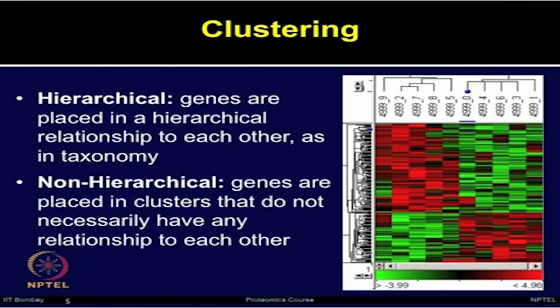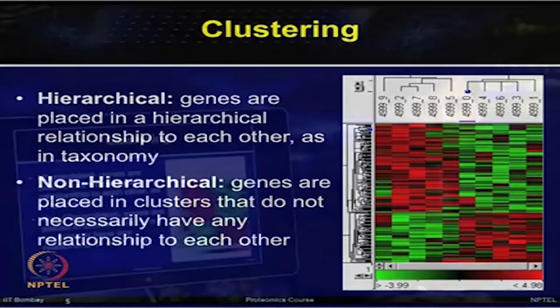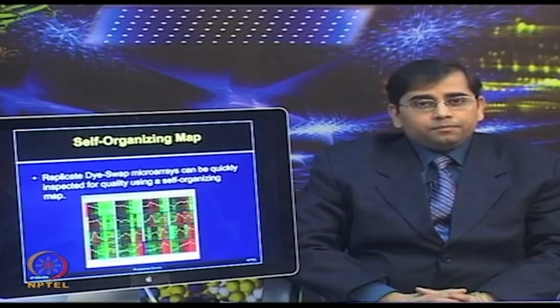Hierarchical clustering involves genes placed in a hierarchical relationship to each other as in taxonomy. Non-hierarchical clustering involves genes placed in clusters that do not necessarily have any relationship to each other.